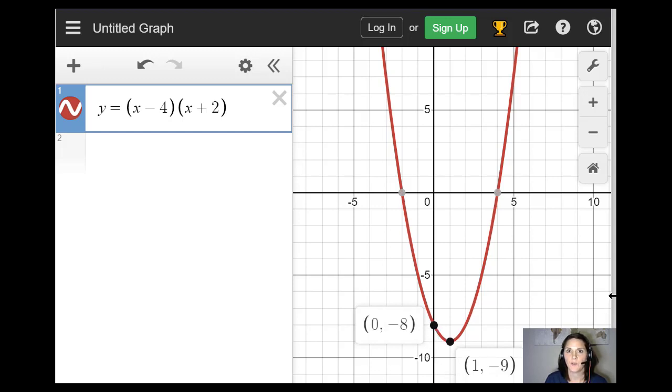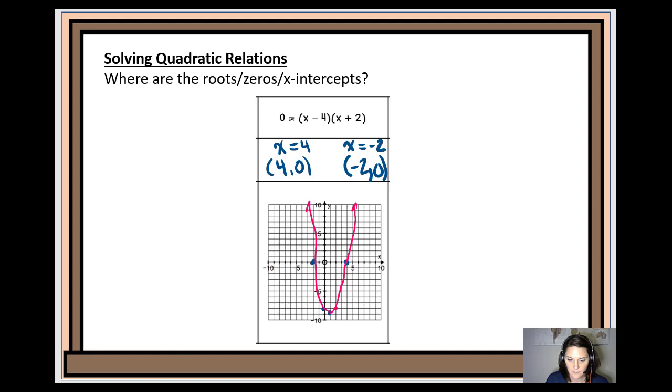Go ahead and put those points on your grid and then make yourself a sketch. Once you have a sketch, make sure you extend your parabola all the way to the edge of your grid paper and label your parabola.